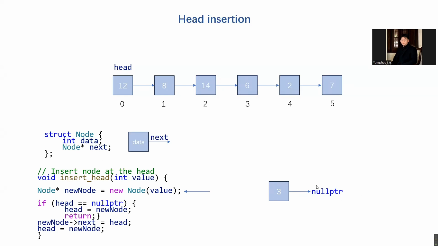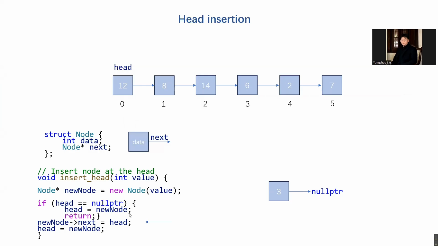That is how we initiate a new node. So continue. If the head is equal to a null pointer, that means the sequence is empty, because if the head is a null pointer, there is no element in the sequence. So we just set the head equal to the new node. That means the new node will become the whole sequence here, right?